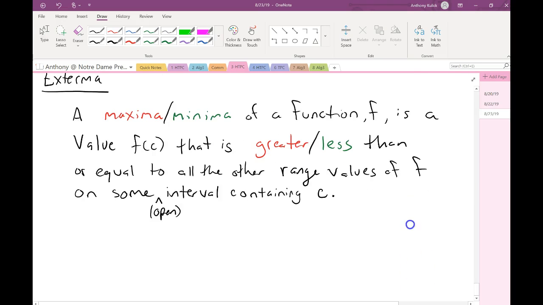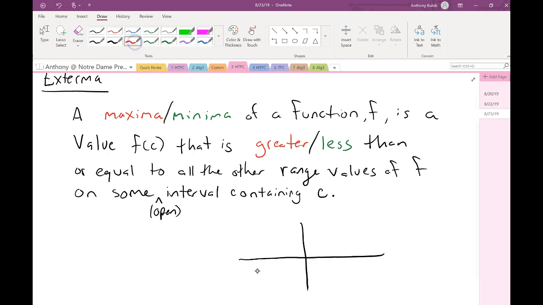So just to help with a little bit of the notation, let's say this is our f.